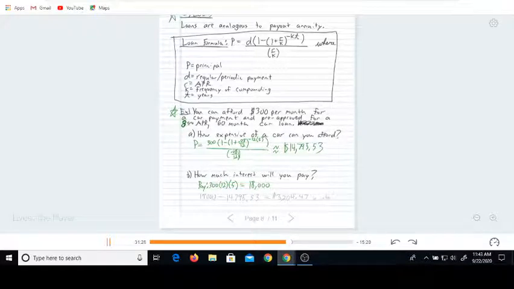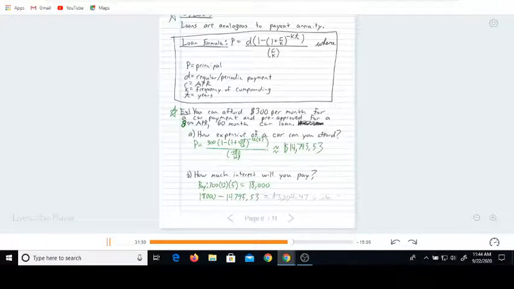So you're going to pay the bank $18,000 back over the course of those 5 years for them loaning you about $15,000. So to figure out how much interest that is, you just take the difference. So you're paying $18,000 for a $14,795.53 loan.